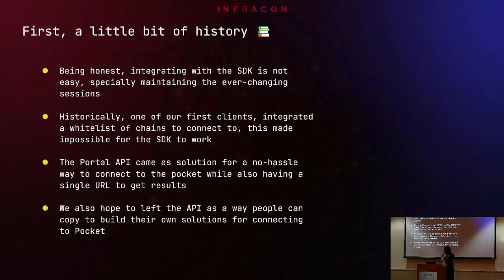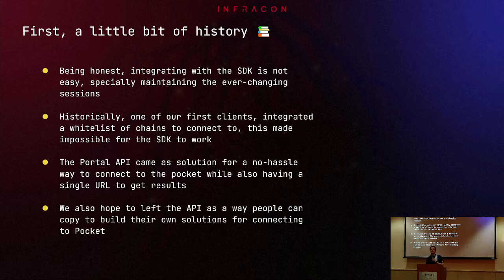We're going to start with a little bit of history. I'm going to start with an honest fact: connecting to the Pocket SDK is not easy, although our new version made it much better, as you're going to see in the next presentation. But still, the direct connection to the SDK requires maintaining two important things that may not be easy for everybody: first, maintaining the Pocket application's AAT, and second, handling the logic of the ever-changing session nodes.